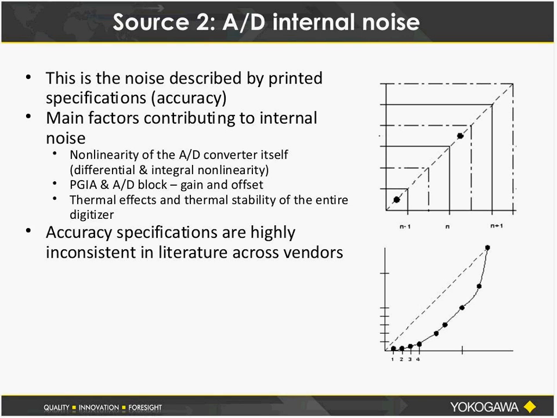So depending on if you're maybe running a data acquisition test in the field or in a temperature controlled environment, or even if you've run your instrument pretty hard for a long time, between the first time that you turn it on and 1 hour later, those thermal effects will affect the accuracy of your measurement. So this internal noise is generally specified indirectly through the accuracy specs.